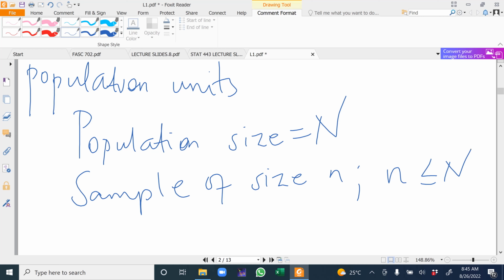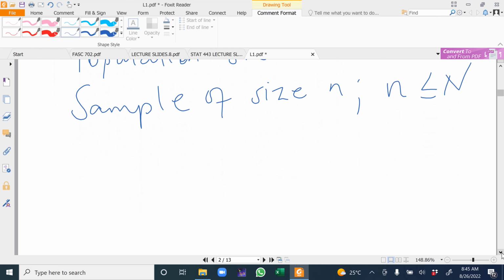Once you are able to determine that probability, it becomes easy for you to identify those samples. There are two ways in which you can select units into the sample. First, you can select units without replacement.